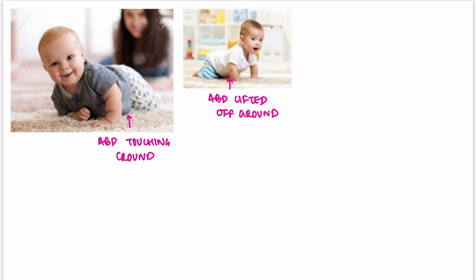So when the abdomen is touching the ground, this is known as crawling. And when the abdomen is lifted off the ground, this is known as creeping. When does crawling come and when does creeping come? Crawling comes first at 8 months and creeping comes later on at 10 months. So these again are important milestones, crawling and creeping.